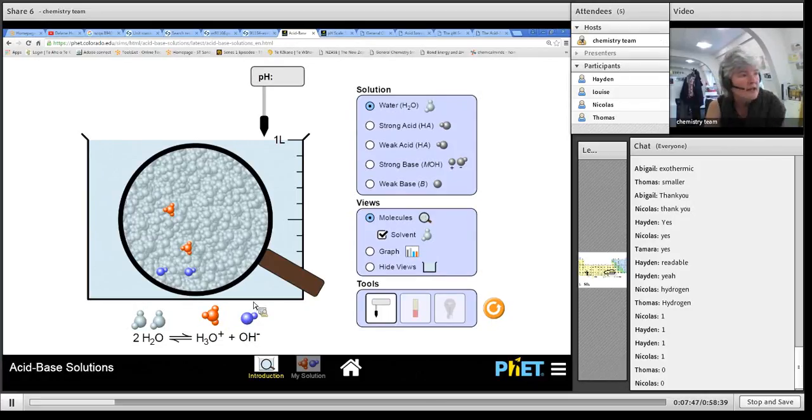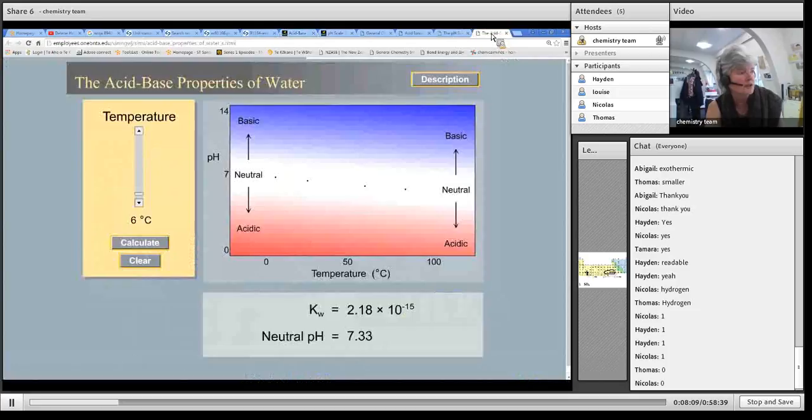Okay, so that's when we have pure water, and if I dip in my pH meter, it's going to have a pH of 7 at 25 degrees, actually. Why I say that is I'm going to show you, I think it's this one.